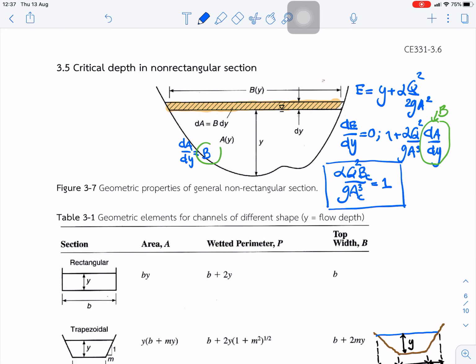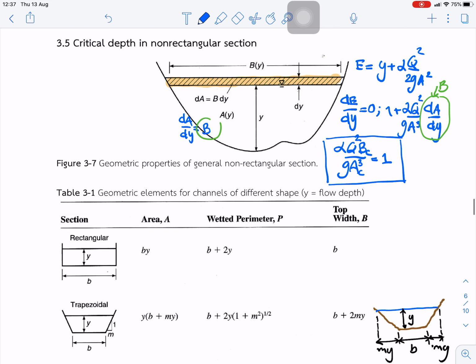You can use this equation to estimate the yc. In this case, Ac and Bc are functions of the yc.